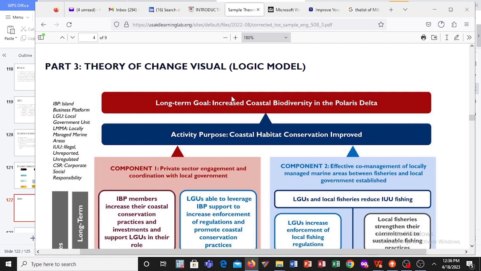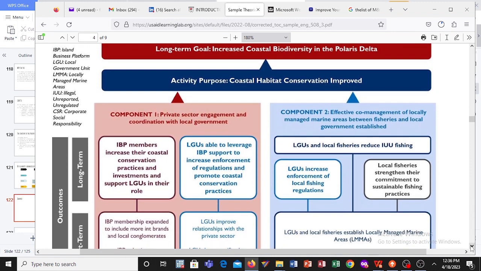So here the long-term goal is increased coastal biodiversity in Flores Delta. And the intended purpose, or you can call it the objective, is coastal habitat conservation improved.